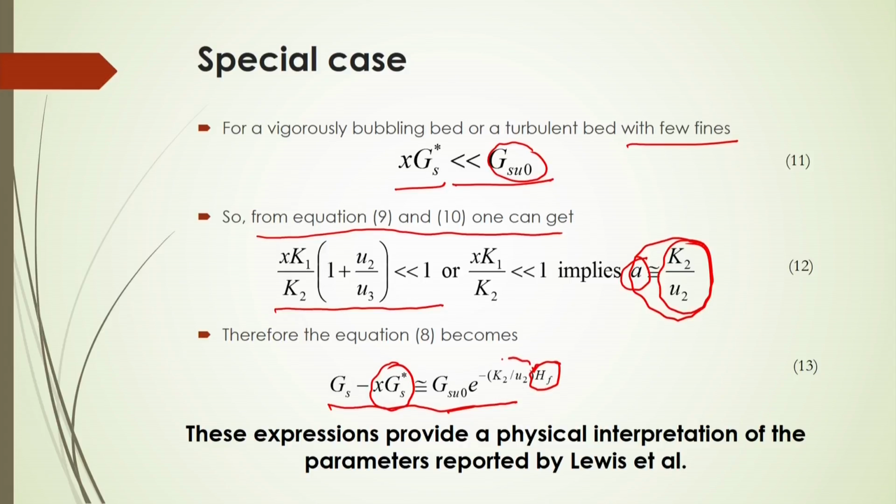Now, this A is represented by k 2 by u 2. So, these expressions provide a physical interpretation of the parameters reported by Lewis et al. From this relation you will be able to know what the entrainment rate should be as a function of height of the fluidized bed.